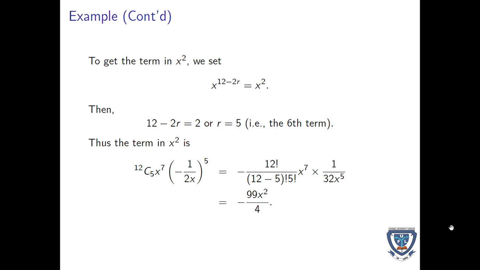That is, r plus 1 will now be the sixth term. r will be 5, which is the sixth term. Thus, the term in x squared, in summary, is minus 99x squared over 4. So that is the term that has x squared in the binomial expansion.